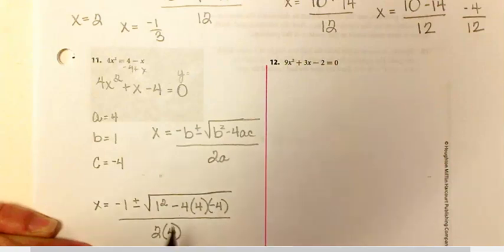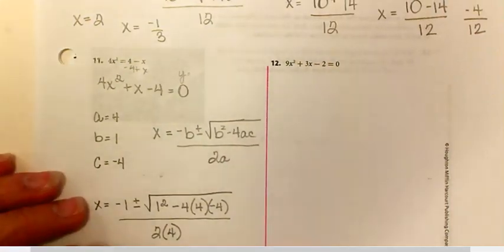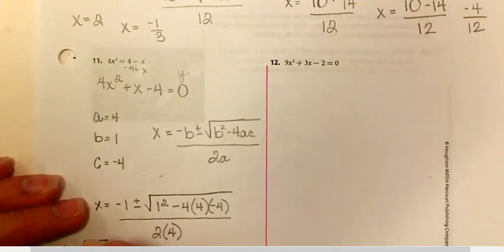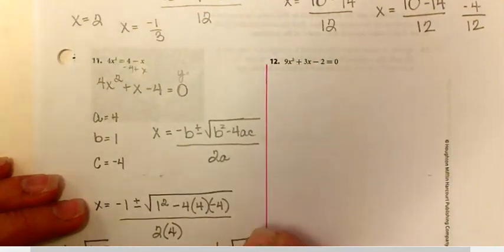It's going to be positive, and then plus 1 is 65. Over 2 times 4, 8. So my two solutions are going to be negative 1 plus the square root of 65, whatever that is, over 8. And the other one is negative 1 minus the square root of 65 over 8.